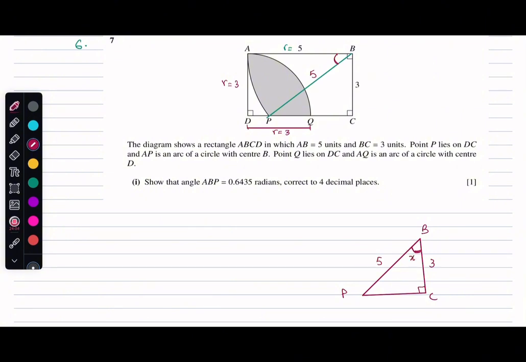With respect to this angle, I know that BC is my adjacent and BP is going to be the hypotenuse. So applying the cosine ratio, cos of x shall be equal to the adjacent, which is 3, divided by the hypotenuse, which is 5. Or here I can say that x is going to be cos inverse 0.6.